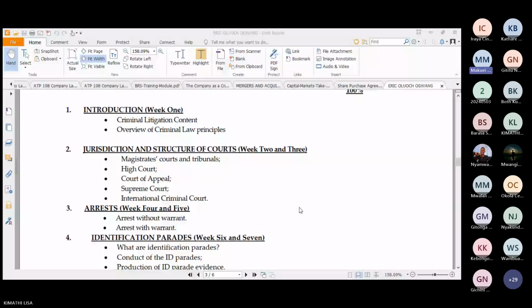Anyone? These are things that you know, guys. Yes, Gitonga Martin. Yes, so the magistrate can listen to matters involving robbery with violence and also even up to attempted murder. Okay, thank you.